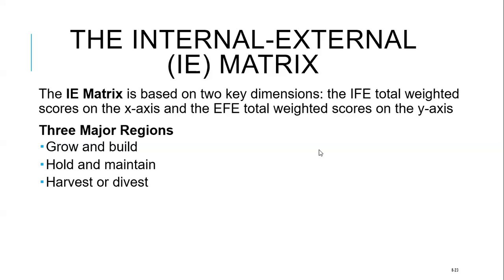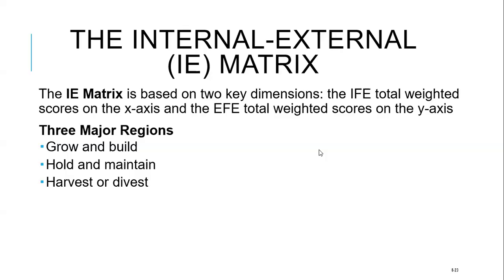So when they say grow or build region, that refers to the first region on the X and Y axis, which shows that the business unit or the organization in question has recorded high to medium internal factor evaluation scores, and at the same time, high to medium external factor evaluation scores.